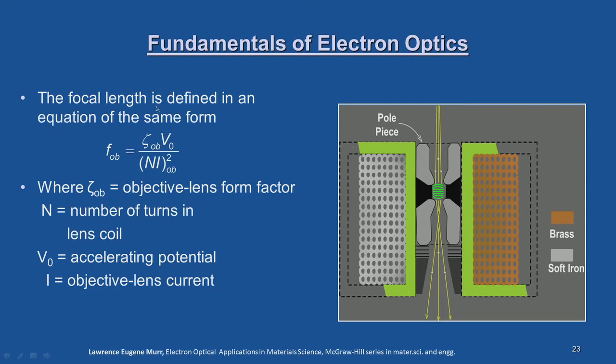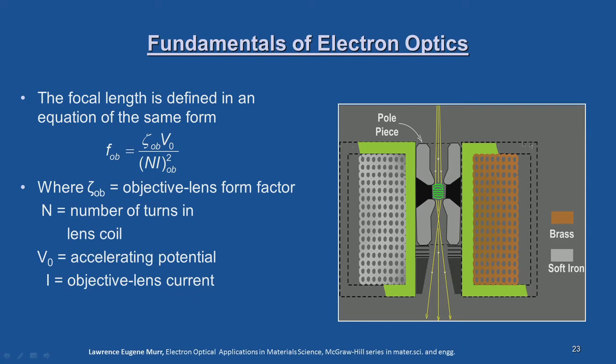So, we will see that the focal length is defined in an equation of the same form: F objective is equal to zeta objective V naught divided by Ni whole square, where zeta objective is the objective lens form factor, N is the number of turns in the lens coil, V naught is the accelerating potential, and I is the objective lens current.